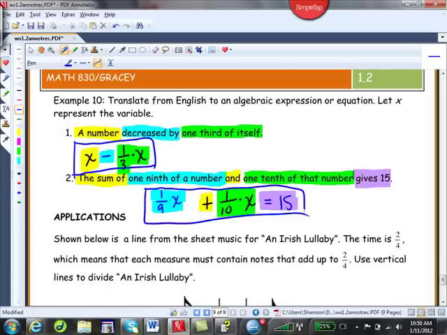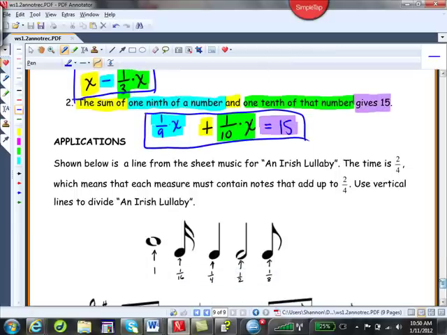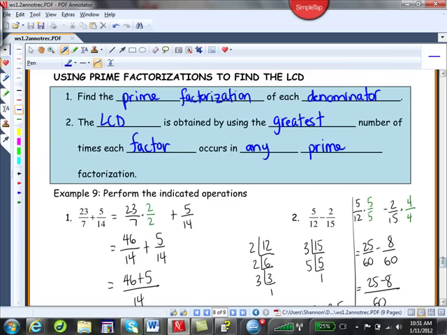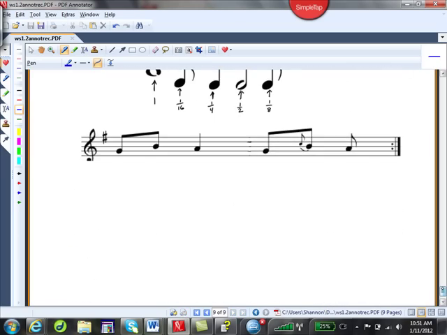Beautiful. Okay, so here's an application that I got from the book. We basically have a musical scale going on. So the value of these notes, I don't know what your music background is.